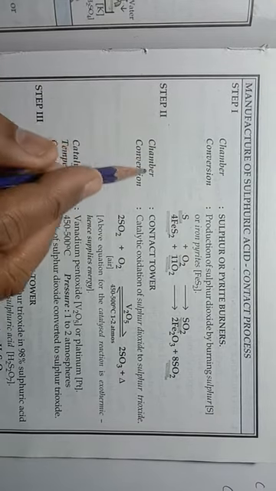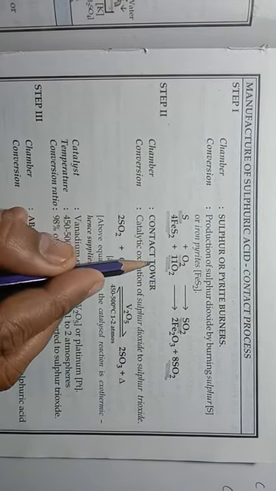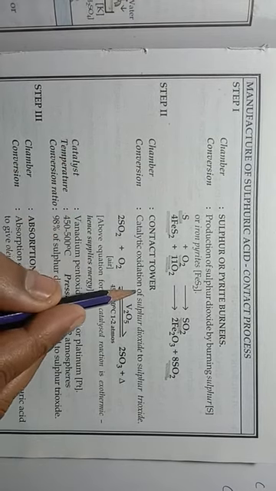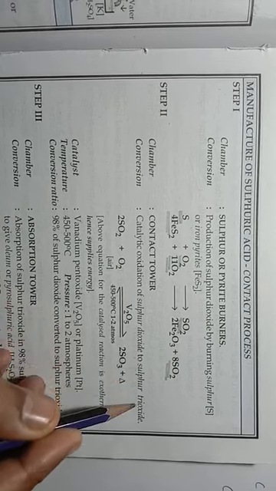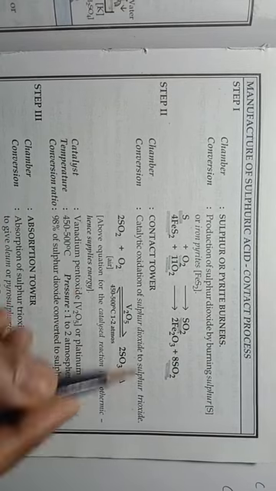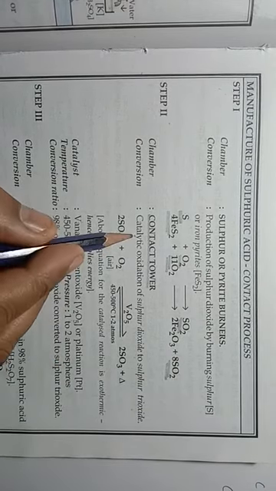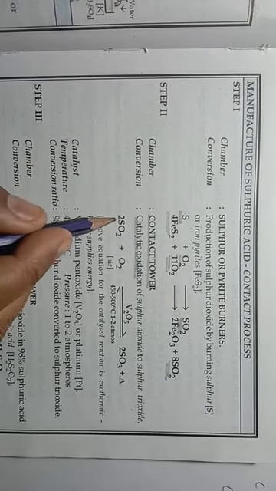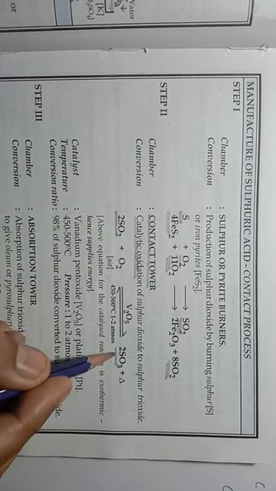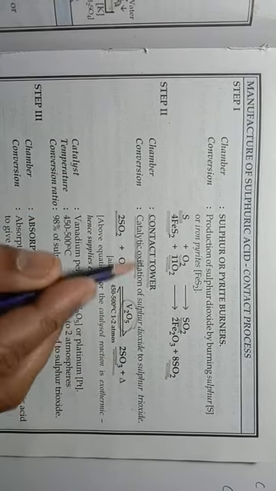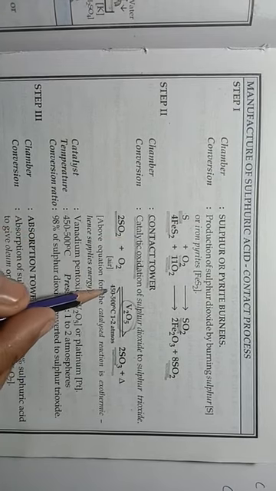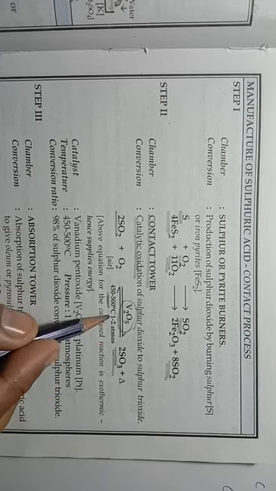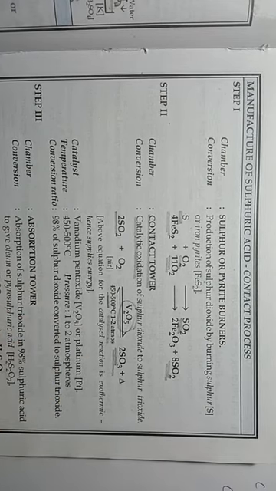Now step 2: the next chamber is the contact tower, where sulfur dioxide is catalytically oxidized to sulfur trioxide in the presence of V2O5, at 450 to 500 degrees Celsius and 1 to 2 atmosphere pressure.